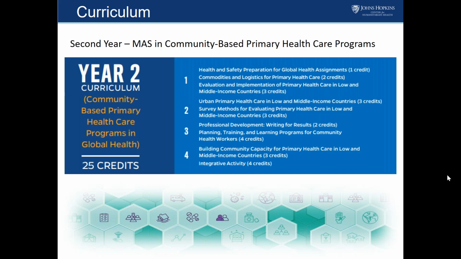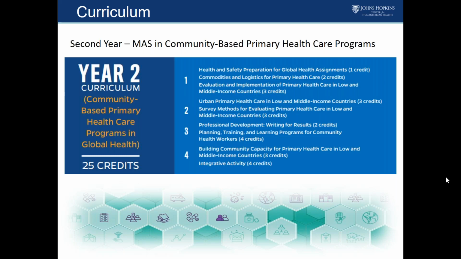In the second term, in the year of the PHC program, primary healthcare program, we look at primary healthcare in urban context because countries are urbanizing quite quickly. We also look more at some of the evaluation tools covered in term 1 when we look at survey methods for community-based primary health care.